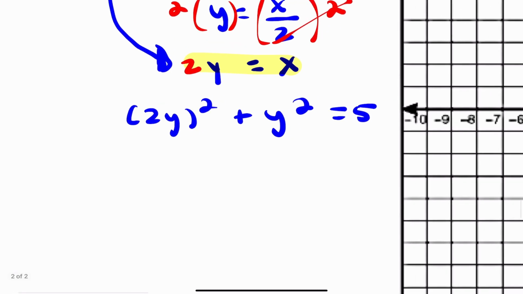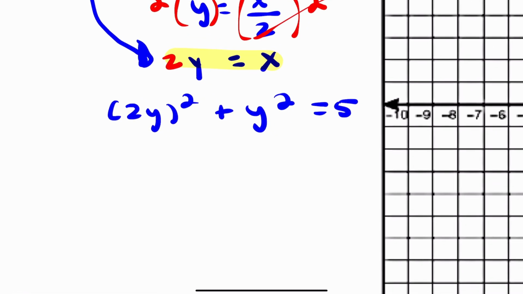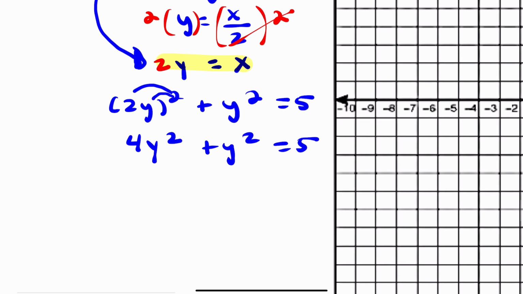So using our rules of exponents, since I have this type of expression raised to the second power, I have to distribute the exponent of 2 to the 2 in the parentheses, and the y in the parentheses. So it's 2 squared times y squared, which is 4y squared. Okay, so (2y) quantity squared is 4y squared. Then we have plus y squared equals 5, and there you go.